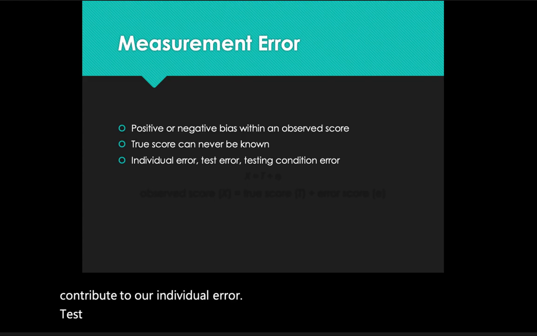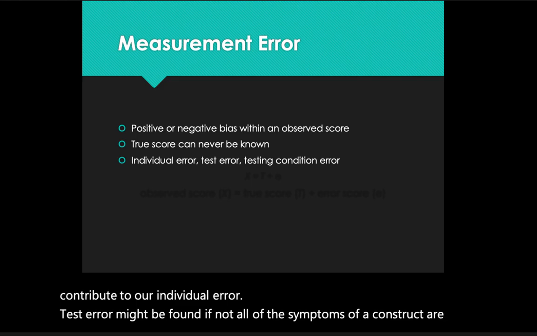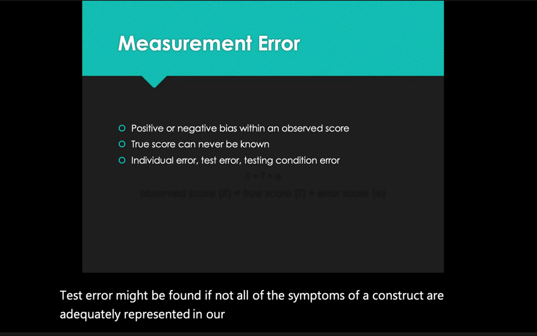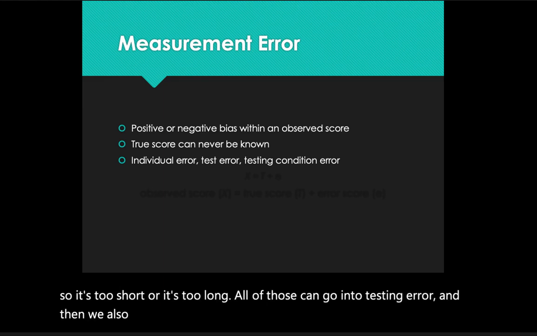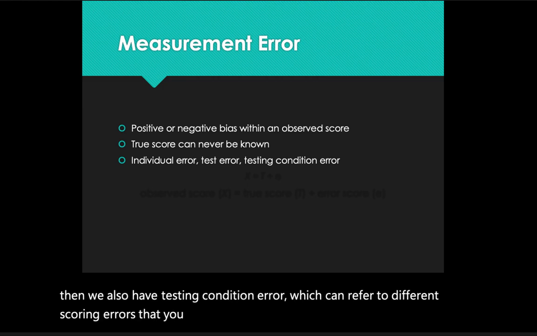Test error might be found if not all of the symptoms of a construct are adequately represented in our instrument, or if our test length is not ideal, so it's too short or it's too long. All of those can go into testing error. And then we also have testing condition error, which can refer to different scoring errors that you might engage in as the assessor.